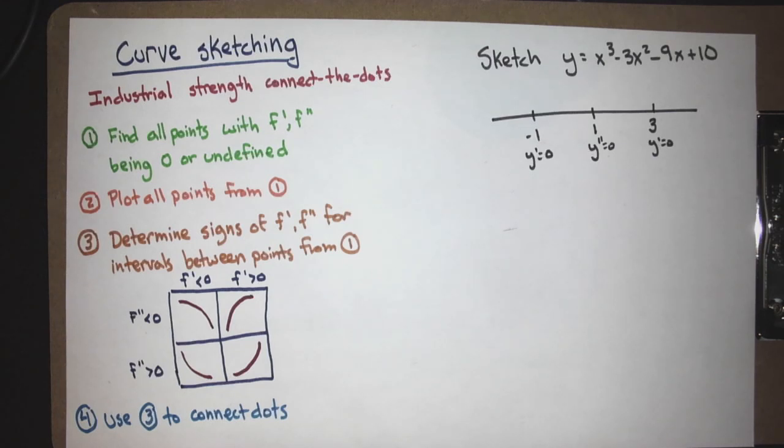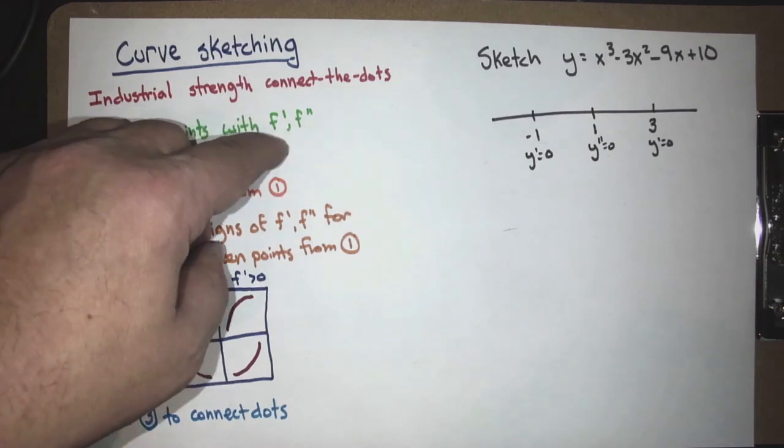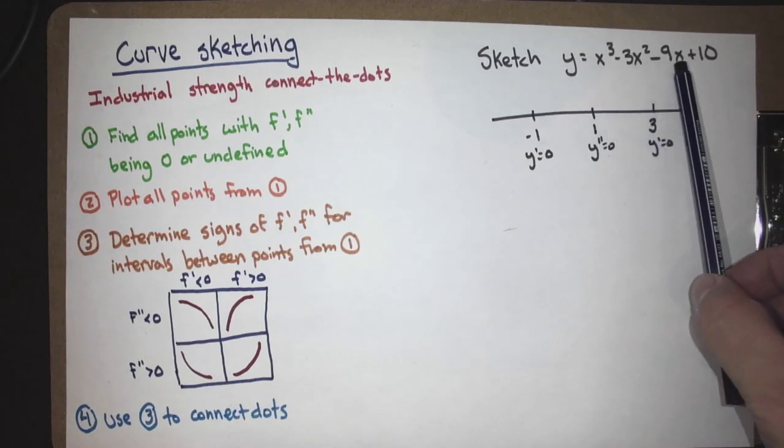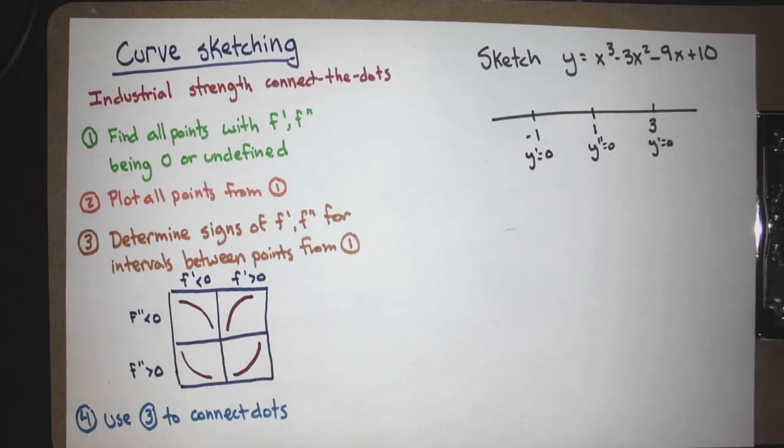So what do? Well, you start by finding all the points where the derivative and the second derivative are 0 or undefined. So we have this curve, y equals x cubed minus 3x squared minus 9x plus 10. That might feel familiar, as though you've seen it before.